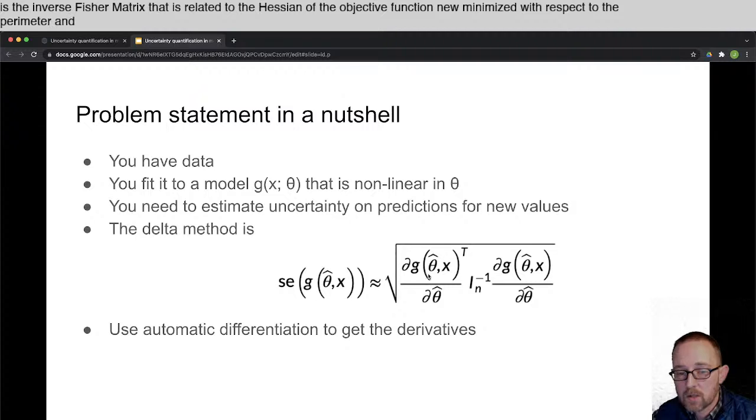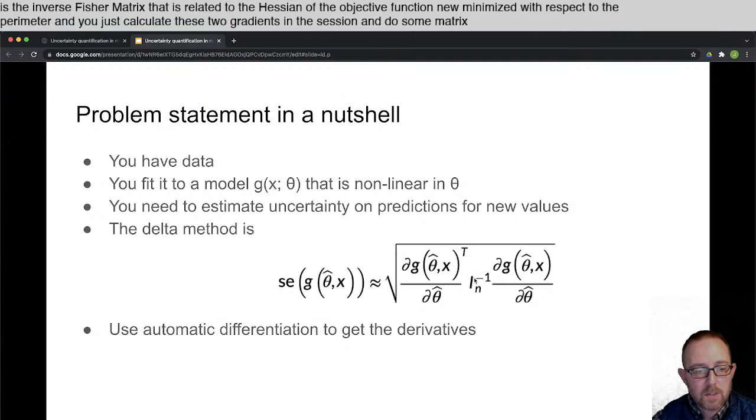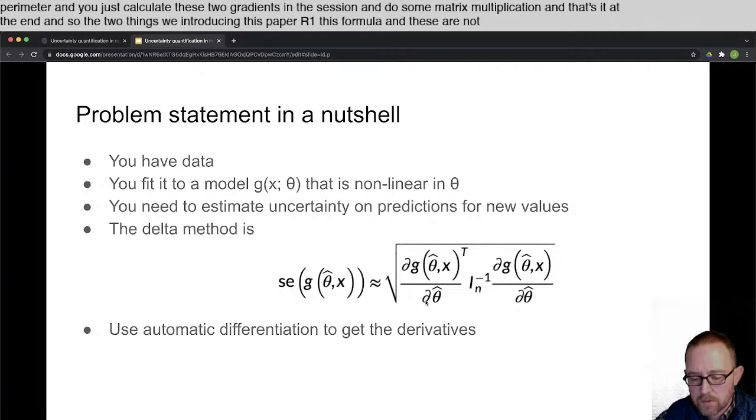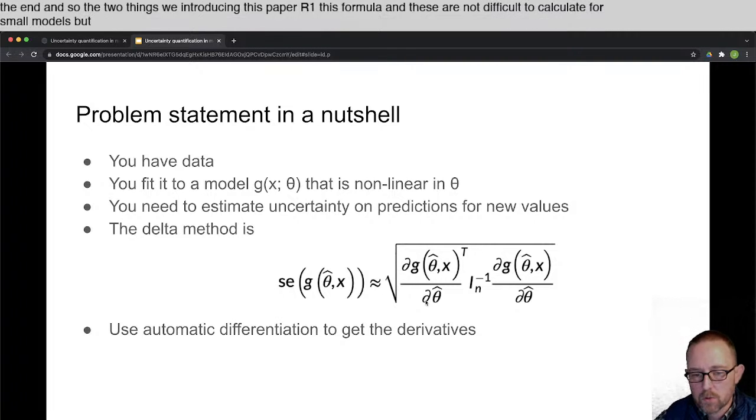You just calculate these two gradients and this Hessian and do some matrix multiplication, and that's it at the end. The two things we introduce in this paper are, one, this formula, and these are not difficult to calculate for small models, but very tedious for large models.